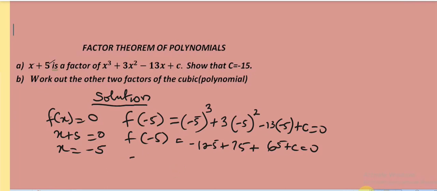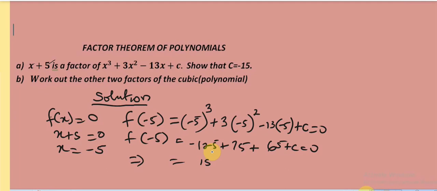So this is the same thing as minus 125 plus 75 plus 65. That is going to give us 15, because 75 plus 65 is going to be 140.